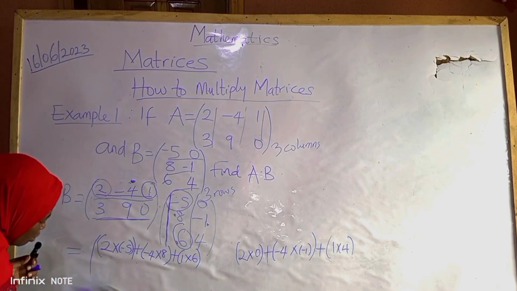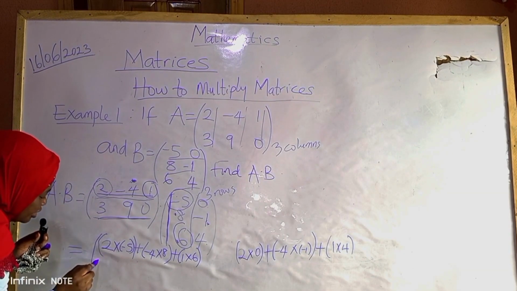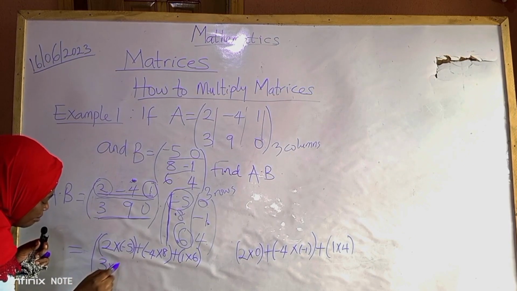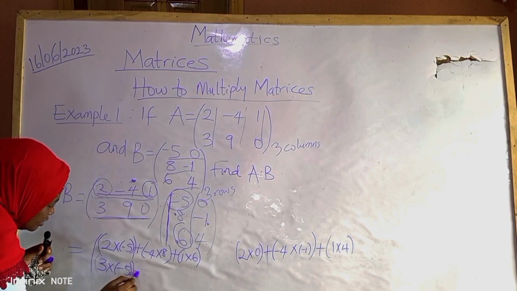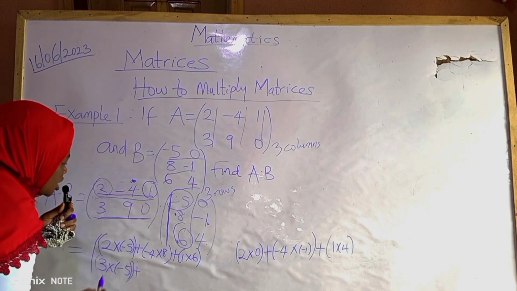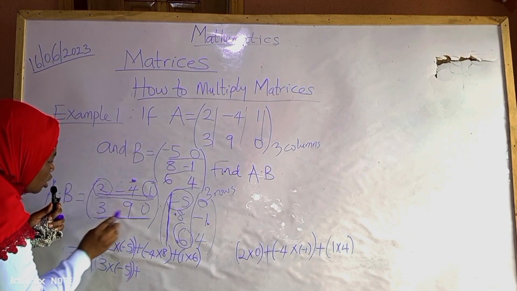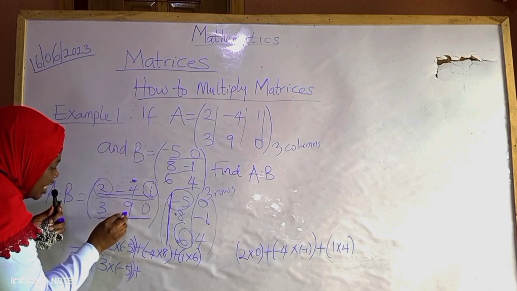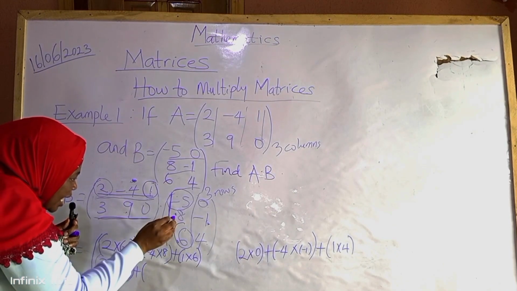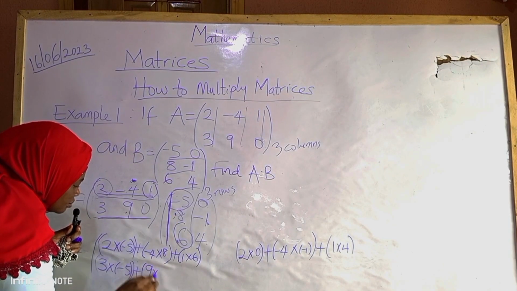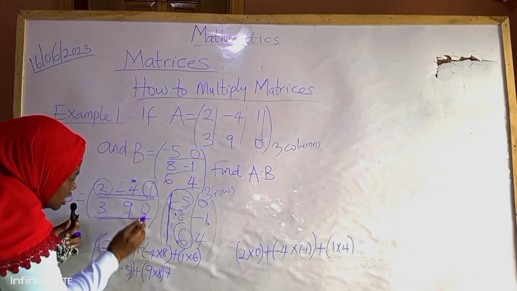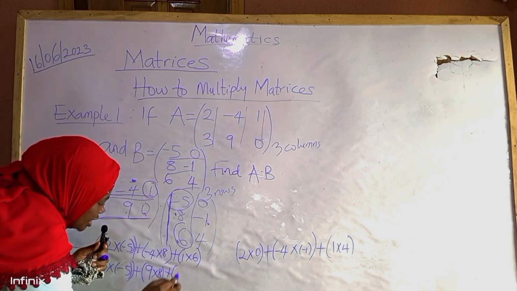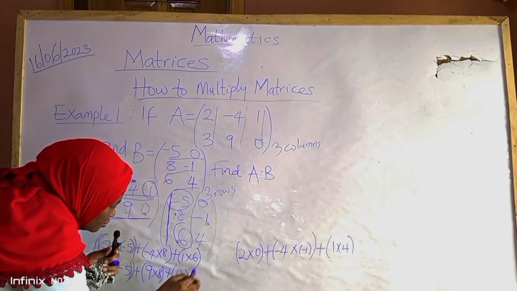Let me write it up. 3 multiplied by minus 5. In multiplication of matrices, we are adding. So the second one, 9 multiplied by 8, plus the last one, 0 multiplied by 6. So we are adding them together.